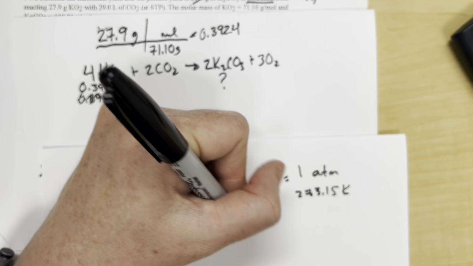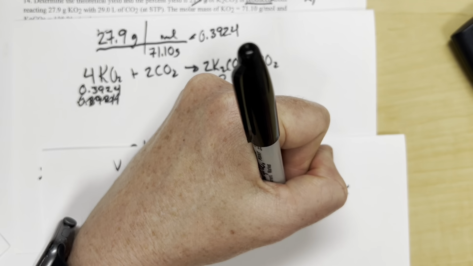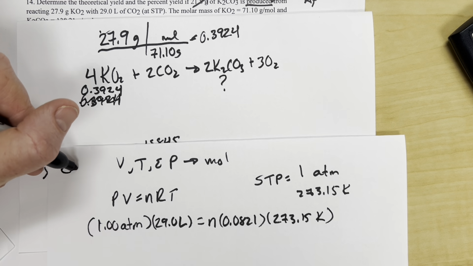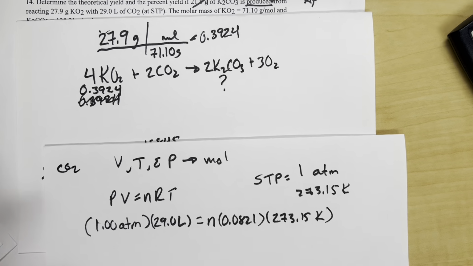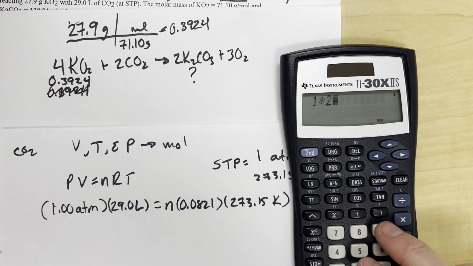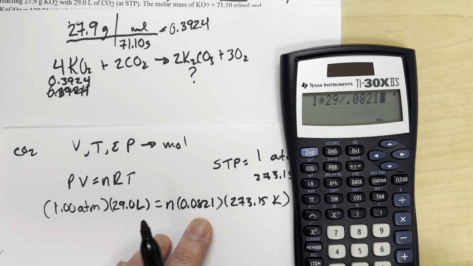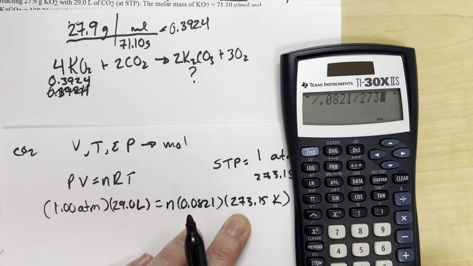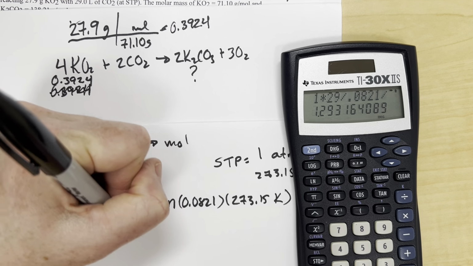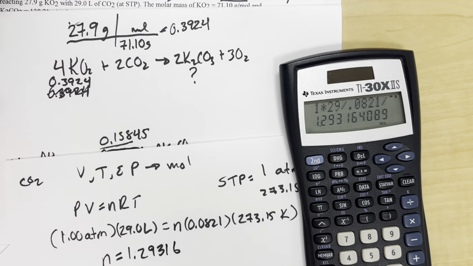I'm not going to write the units to save some time. And the temperature has to be 273.15 Kelvin. And this is all for the CO2. So I'll take 1 atm times 29, divide it by 0.0821 and divide it by 273.15 Kelvin to give me 1.29316.